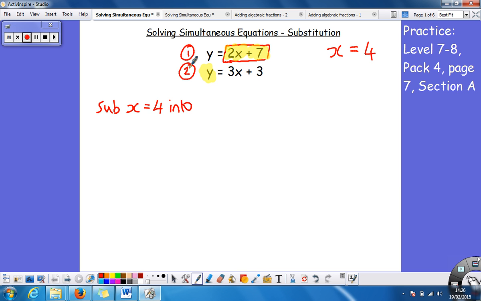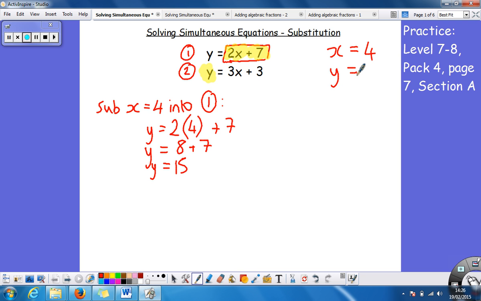Equation 1, equation 2. I'm going to substitute it into equation 1. Well, y equals 2 times my value of x, which is 4, add 7, so y must equal 8, add 7, which is 15. That's my y value. Let's write that over here as part of my solution.